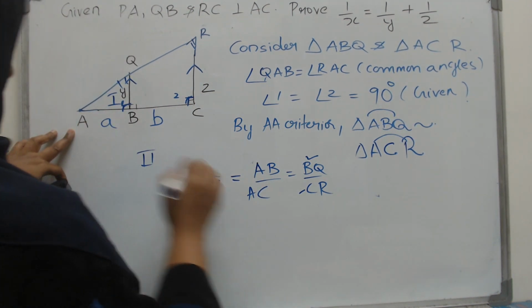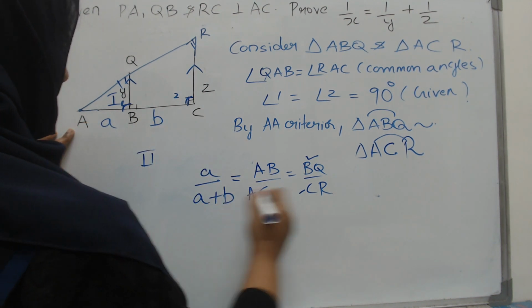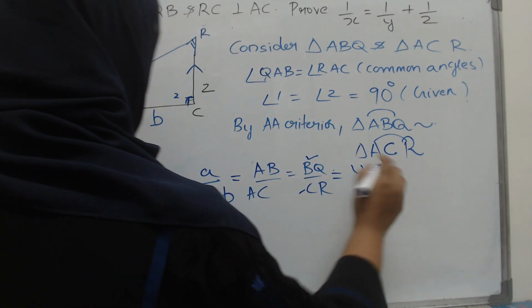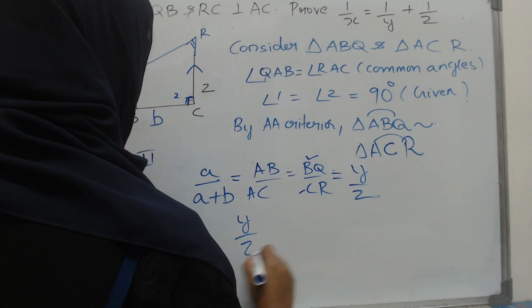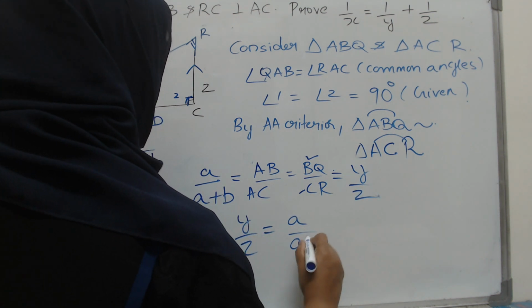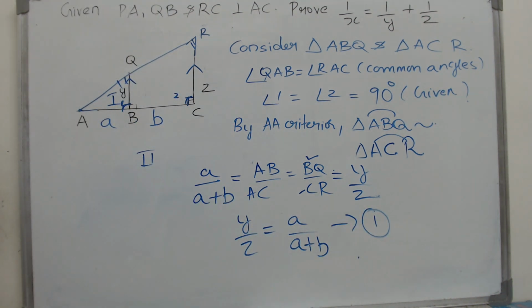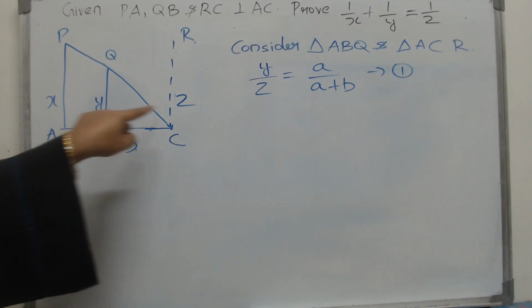It is A. What is AC? It is A plus B. And what is BQ? It is Y. CR is Z. So therefore Y by Z is equal to A by A plus B. This is the first result that we got. Now we have got a relation between Y and Z.